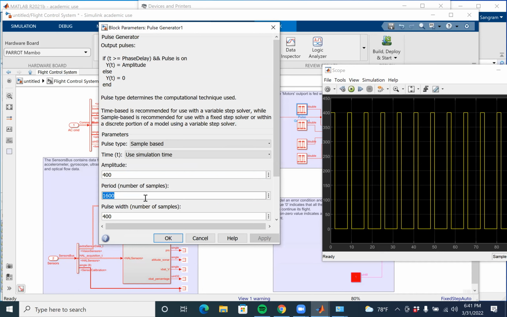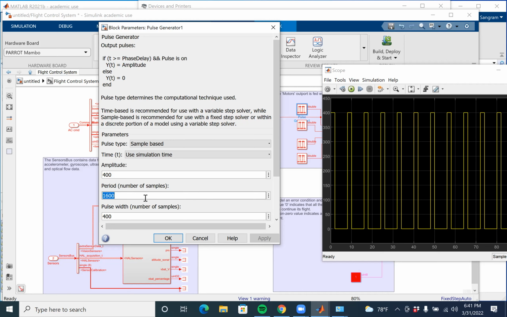But in this particular case, PWM period up, down, forward. So PWM period is this guy. This is the period of the PWM, and this is given in terms of samples. The height of the PWM is given as 400.